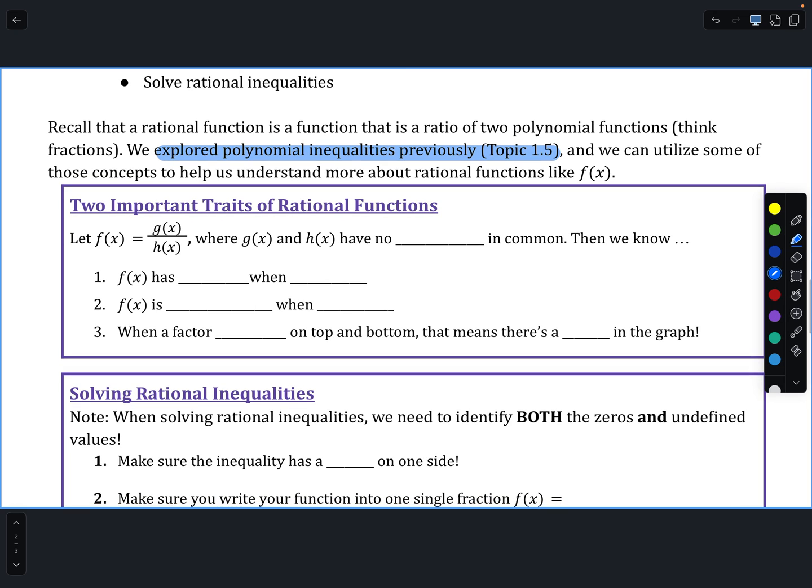So let f of x equal two functions divided by each other, so g of x over h of x, where g of x and h of x have no common factors, no factors in common. Then we know, and we talked about this a little bit in Math 3, that f of x is going to have zeros when the top g of x is equal to 0.